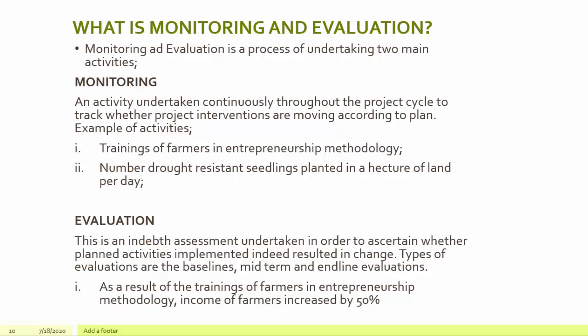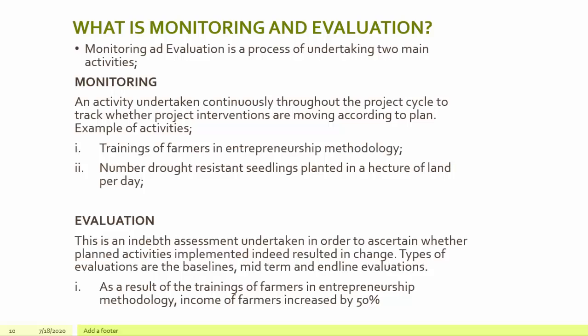So if you do an evaluation and you want to see what the impact has been as a result of training farmers in entrepreneurship skills, you will then discover that the income of farmers has increased, based on your findings. That may be the desire of the project.